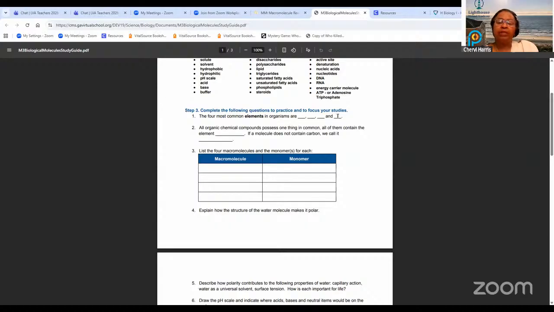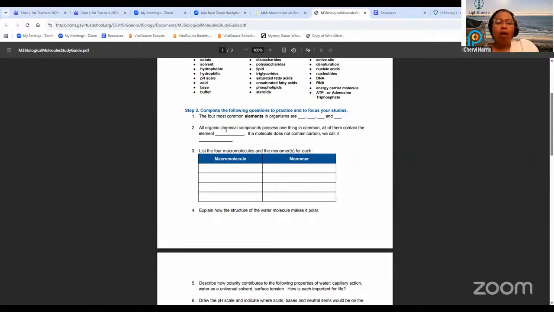It's just, no, never mind, nitrogen. And we can add phosphorus too. Phosphorus is in some of them, but most of them have carbon, hydrogen, and oxygen. Some have nitrogen and some have phosphorus. So those are the extra. So there's three that are common to all.